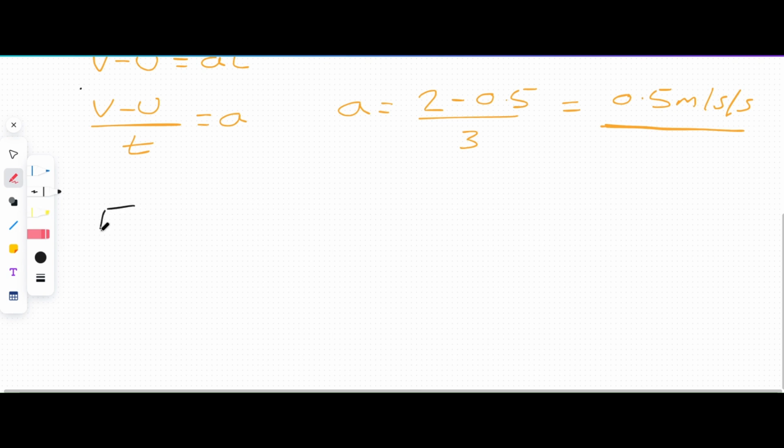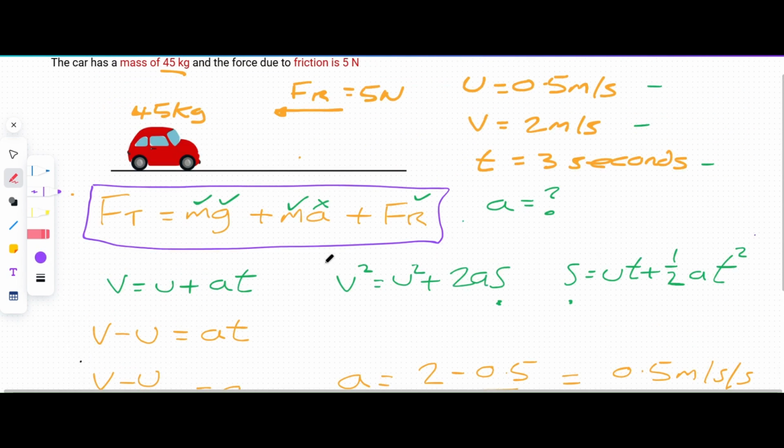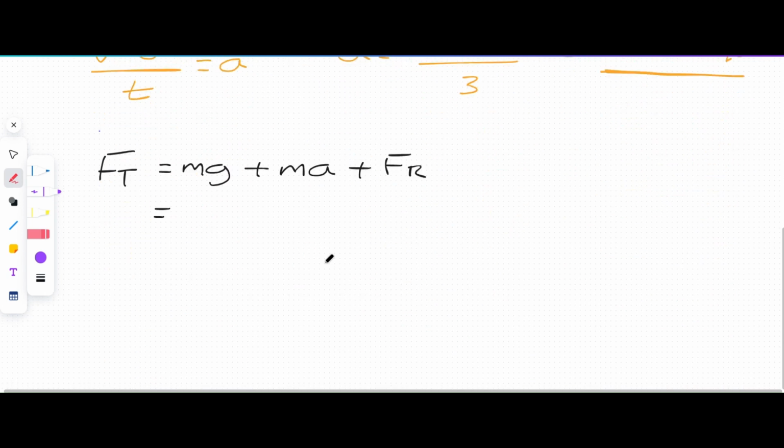which is tractive force Ft equals mg, mass and gravity, plus mass and acceleration, which we now know, plus friction, the force due to friction, which was 5, I think. So the mass is 45.